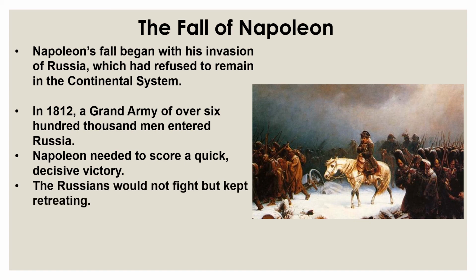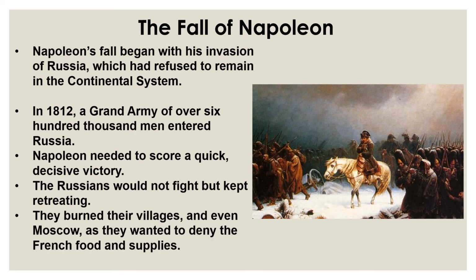The Russians would not fight. They kept retreating and pulling the French forces deeper and deeper into Russia, knowing that they would get stuck once the winter settled in. Also, the Russians even burned their own villages and even Moscow, as they wanted to deny the French food and supplies. 18th century and at this point 19th century armies usually lived off the land when they were invading another territory.